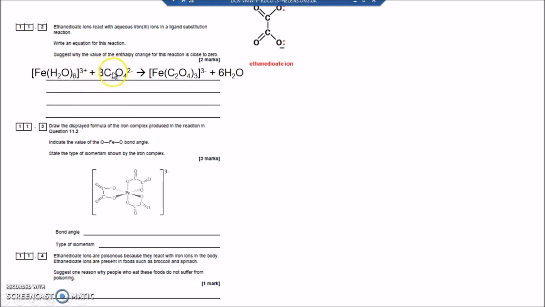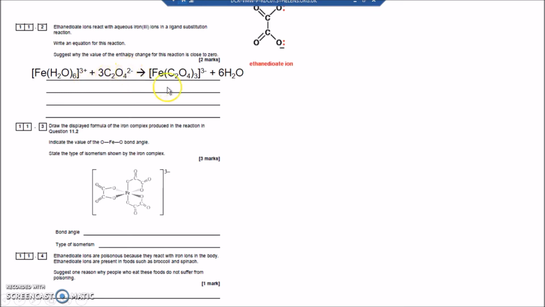So I only need 3 of these to make 6 coordinate bonds, so I need 3 of these to replace the 6 waters, so 3 of them. How do I know it's 3 minus? Well, this is Fe3+, because waters are neutral, have no charge, they have a 0 overall oxidation state. Fe3+ in a 3+ oxidation state, 0 leaves 3+ overall.